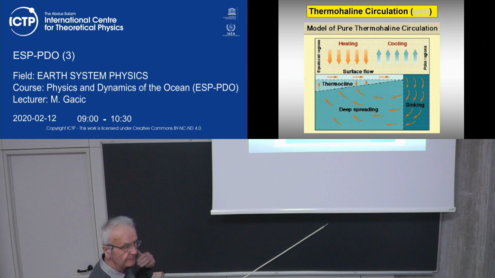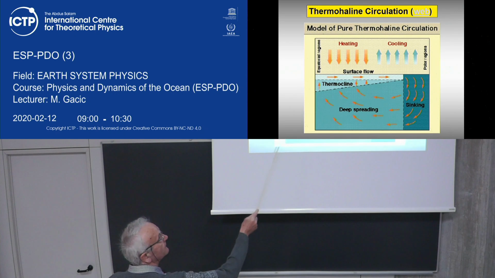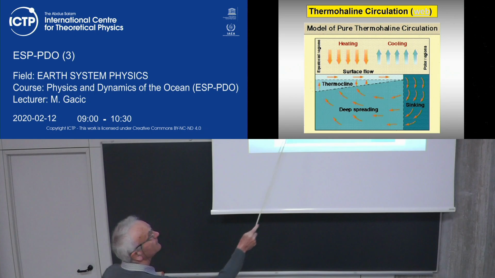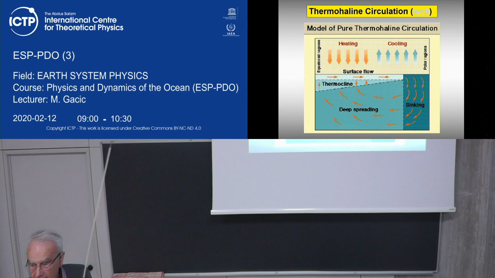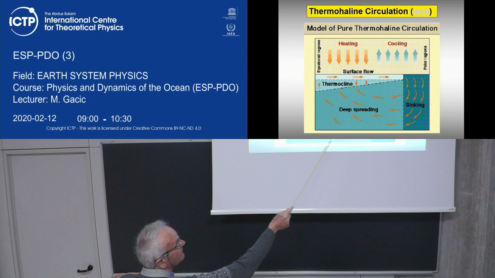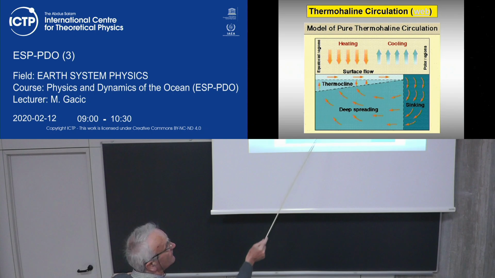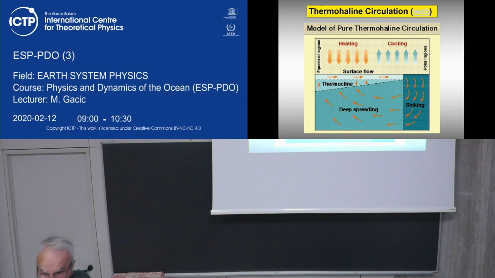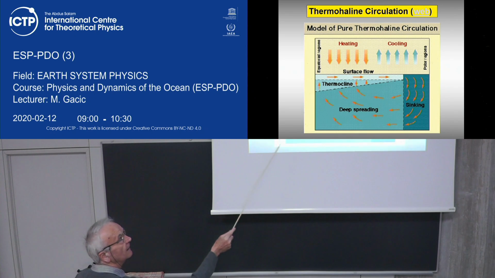As we have seen before, in equatorial areas we have a prevalence of solar heating, and in polar regions, or starting from mid-latitude, we have a prevalence of cooling. So here we have the heat gain, and here we have the heat loss.